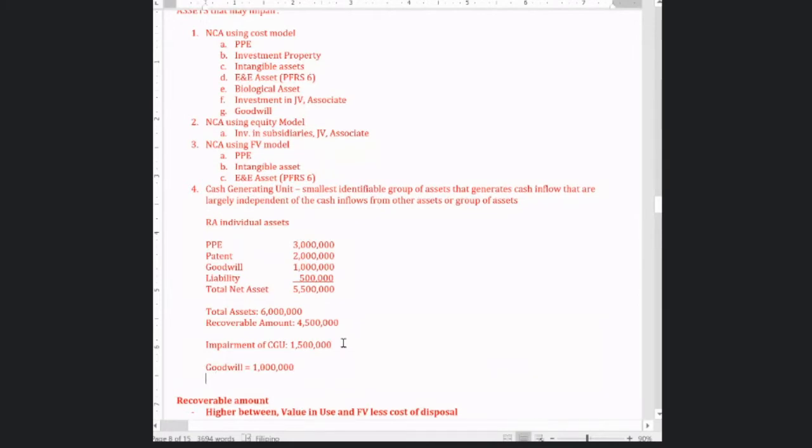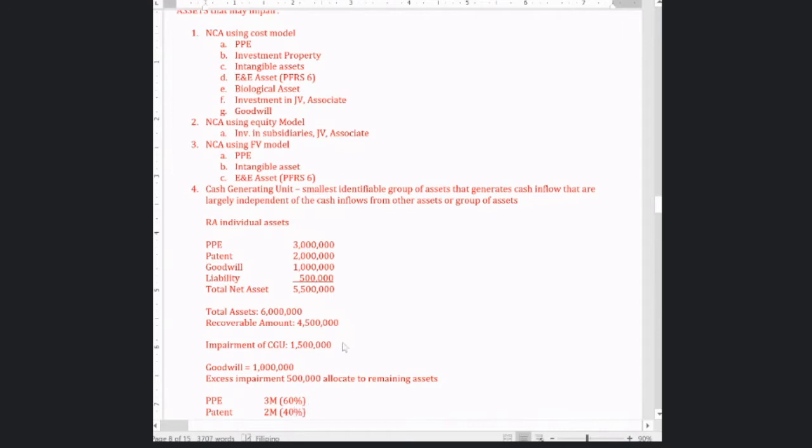Ibig sabihin, meron kang natitirang impairment na 500,000. And you need to allocate to remaining assets using fractional method. So, allocate natin, ang PPE natin is 3 million, ang patent is 2 million, so basically ang fraction natin dito or percentage is 60%, ganito 40%.